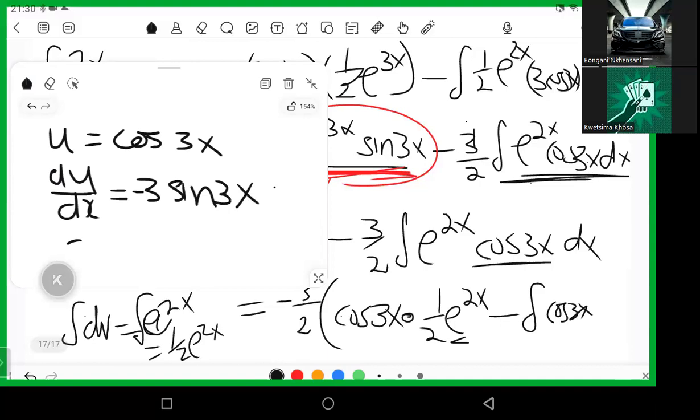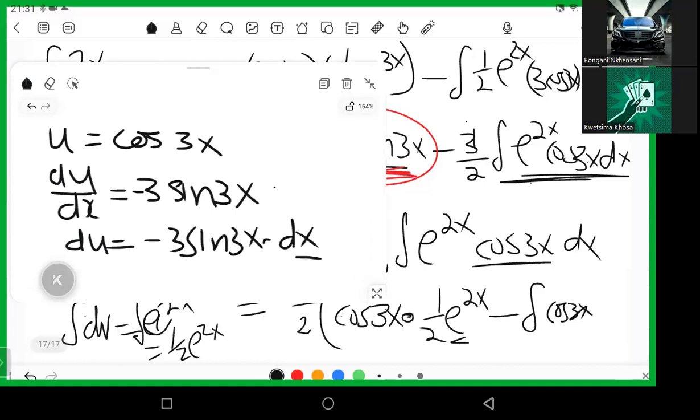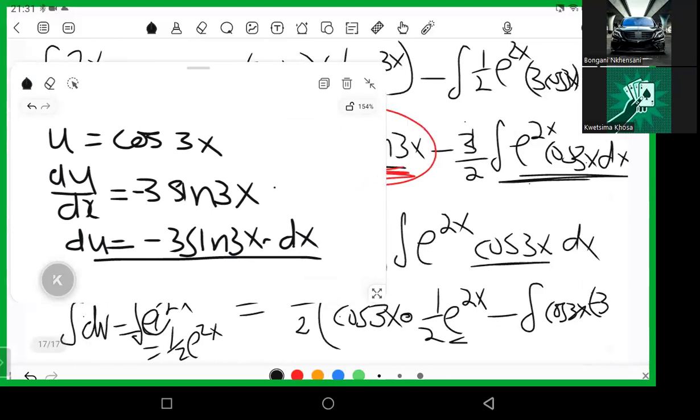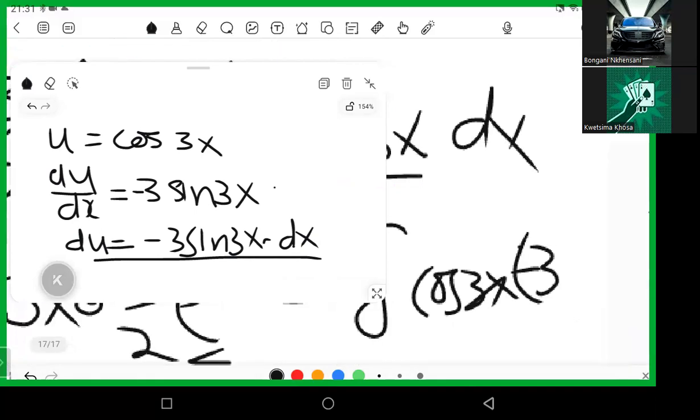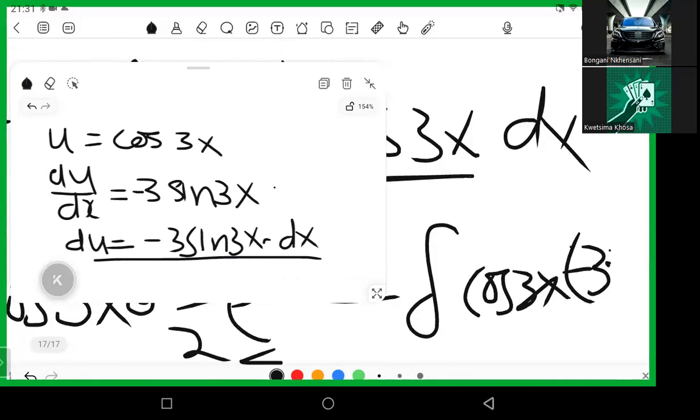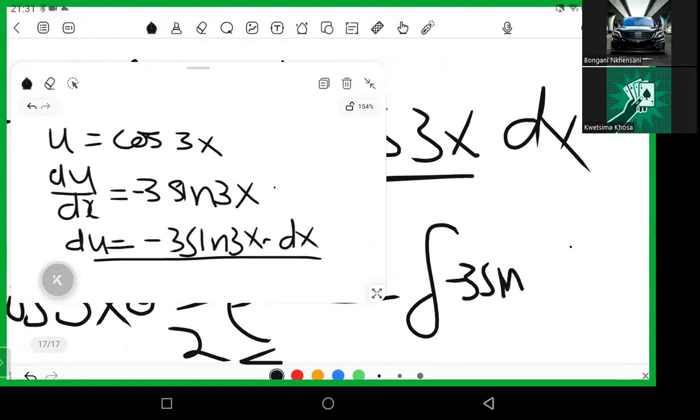Then du will be minus 3 sine of 3x multiplied by dx. So that's what we're going to write here. So we must replace du in our formula with minus 3 sine of 3x dx.